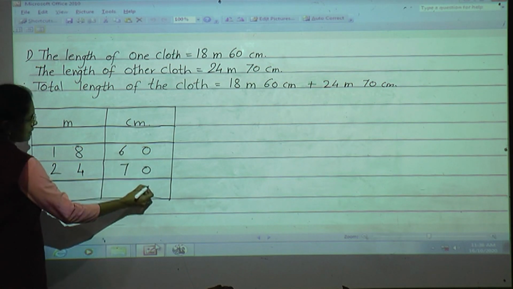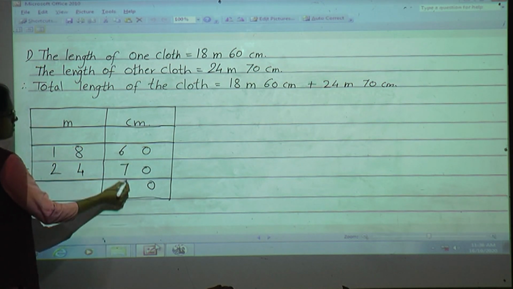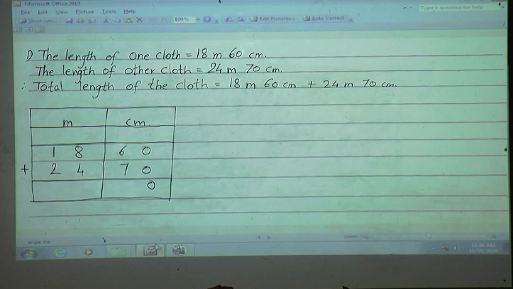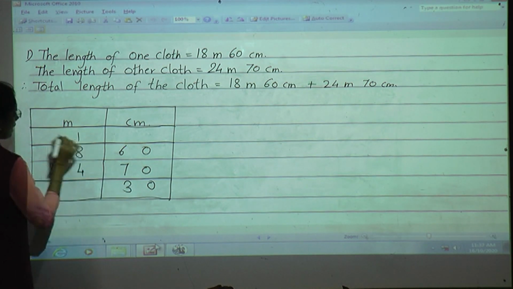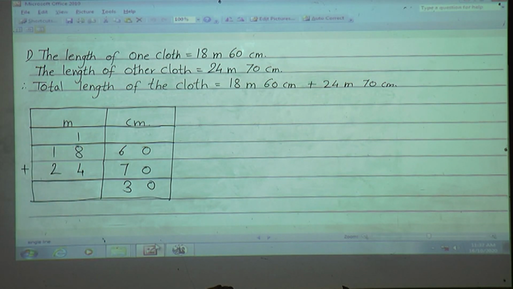So do the addition. 0 plus 0, 0. 6 plus 7, yes. After 6 count your 7 fingers. 6 plus 7, 13. So we'll write here 3 and 1 as a carry. Then 8 plus 1. This carry also we have to add.